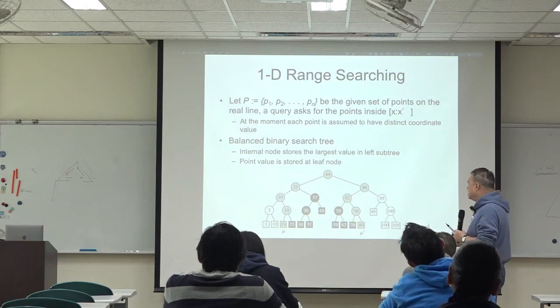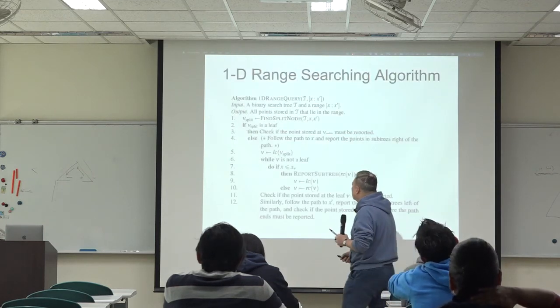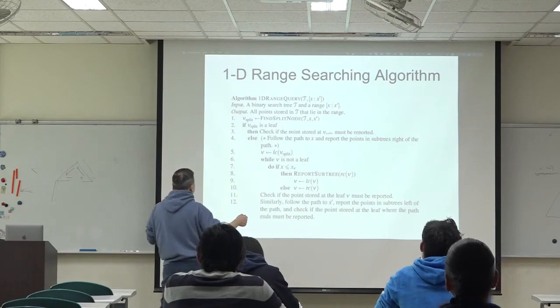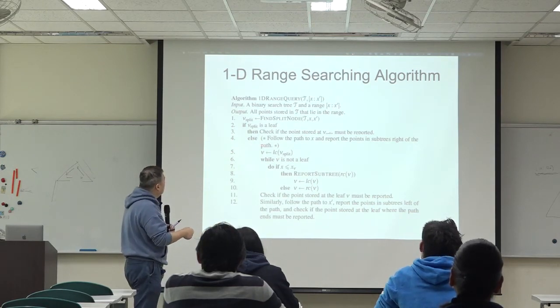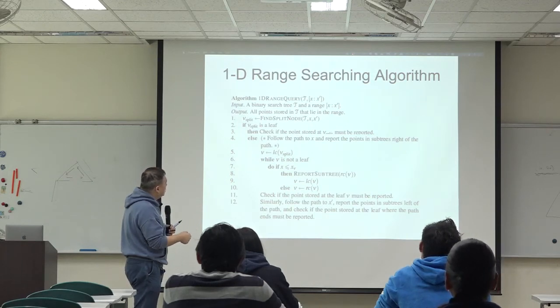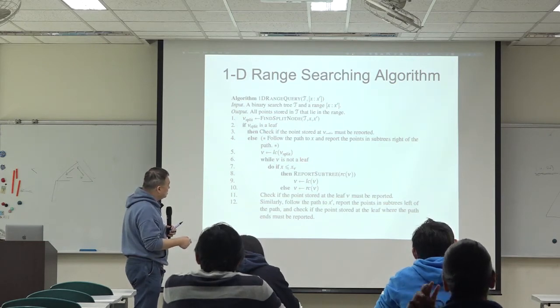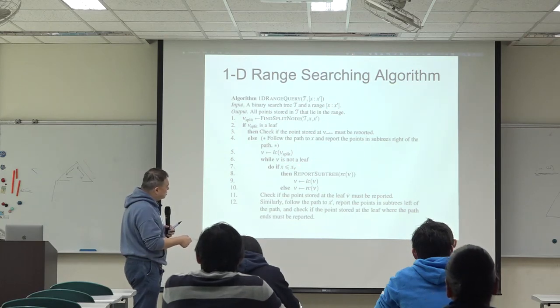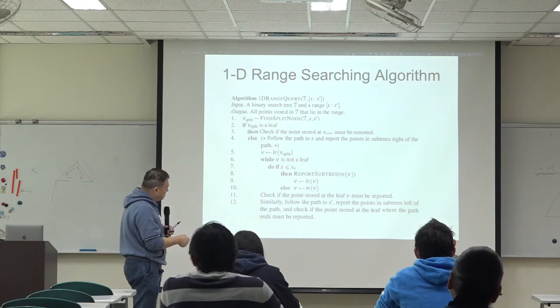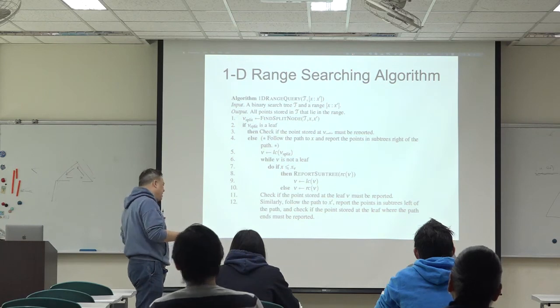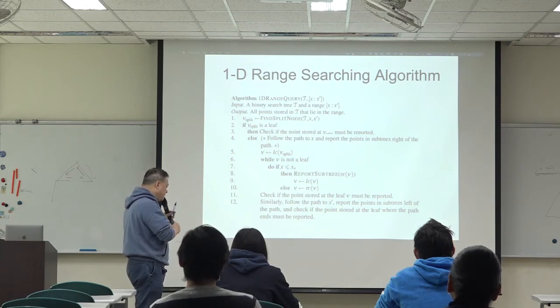Okay, so let's look at this algorithm. You can see, as long as v is not a leaf, you first go to the left subtree. And then while v is not a leaf node, you check if the value you store is bigger than or equal to x, the lower bound.